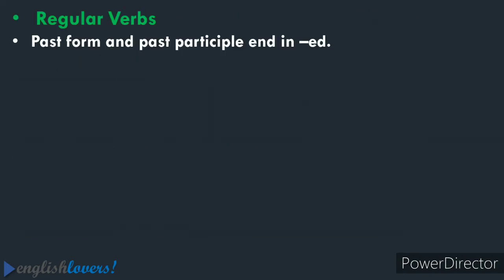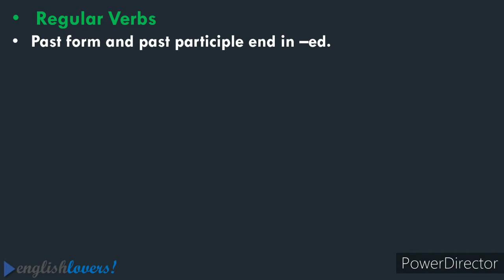So what is a regular verb? A regular verb is a verb whose past form and past participle end in ed. We have seen that there are 5 forms of any verb. So when we want to know what a regular verb is, we need to concentrate on the past form and past participle.